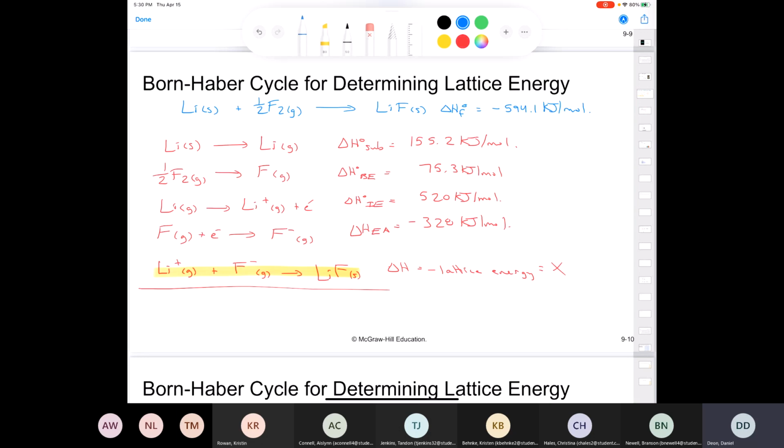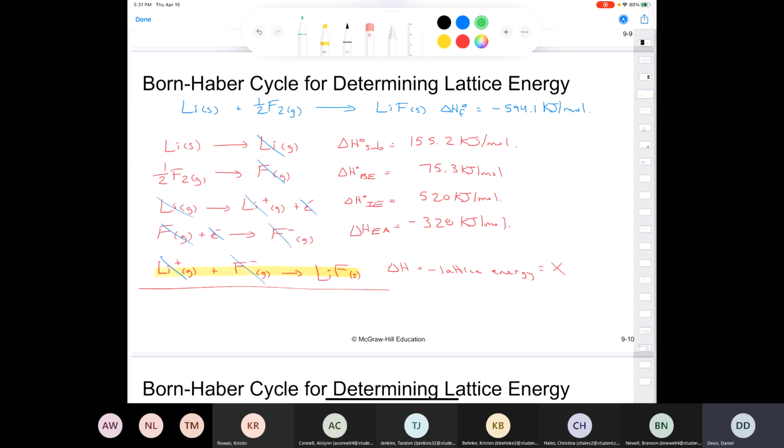When we add all this up together, we cancel our lithium in the gaseous phase. We cancel our fluorine in the gaseous phase. We can cancel our electrons like that. We can cancel our lithium ions, and we can cancel our fluoride ions.